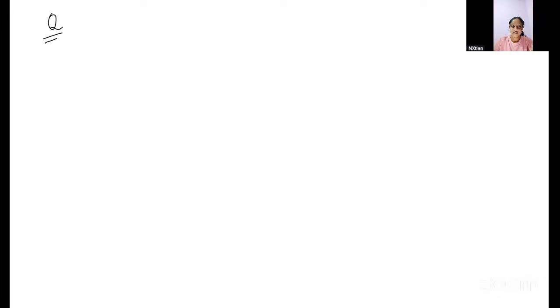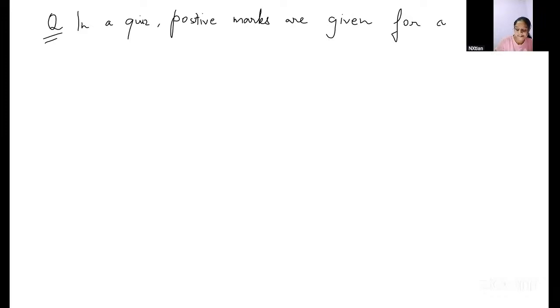In a quiz, positive marks are given for correct answers and negative marks are given for incorrect answers.